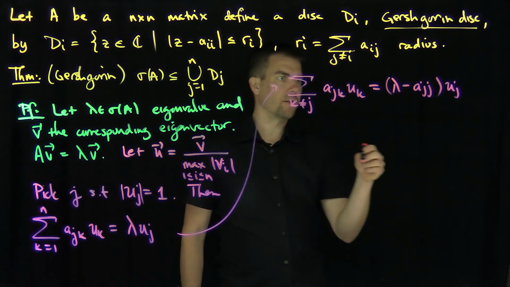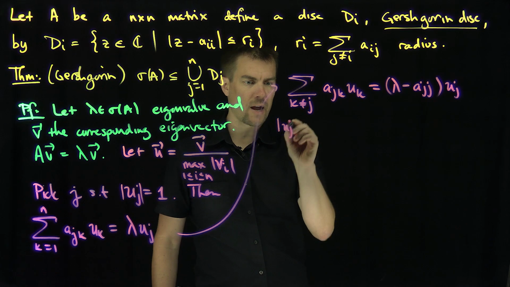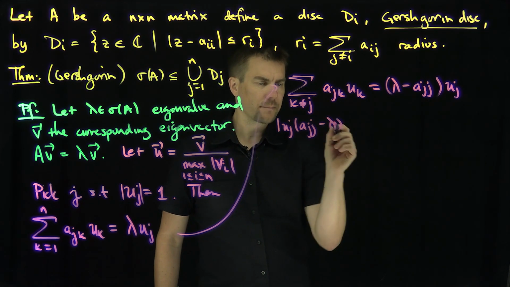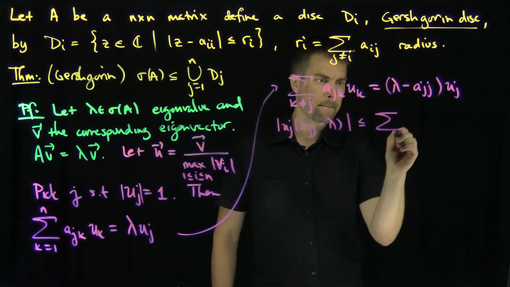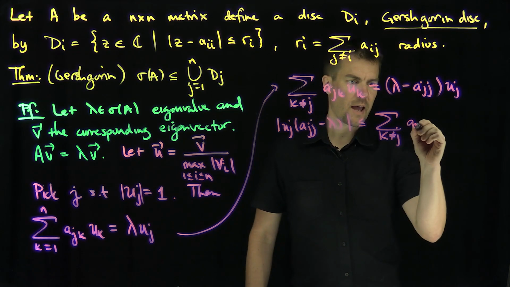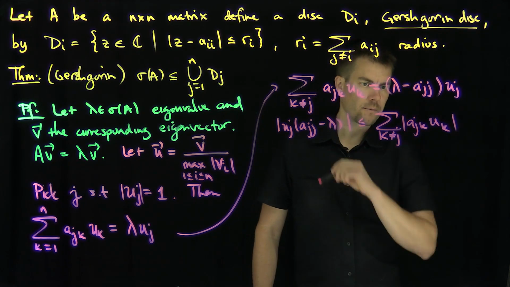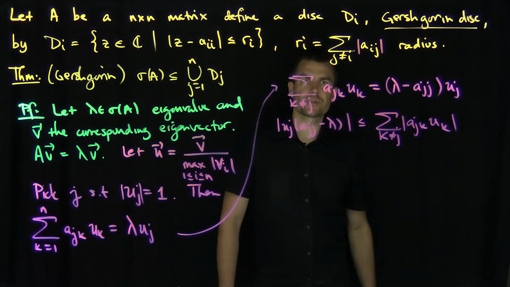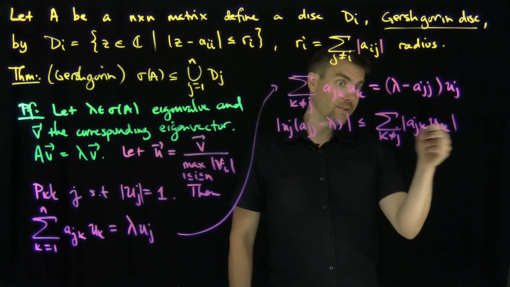Now I'm going to take the absolute value of both sides. Therefore, the absolute value of u_j times a_jj minus lambda is less than or equal to the sum of the absolute values, by the triangle inequality, over k not equal to j of |a_jk||u_k|, with absolute values everywhere, and of course I put absolute values on these to make sure the radius is non-negative.